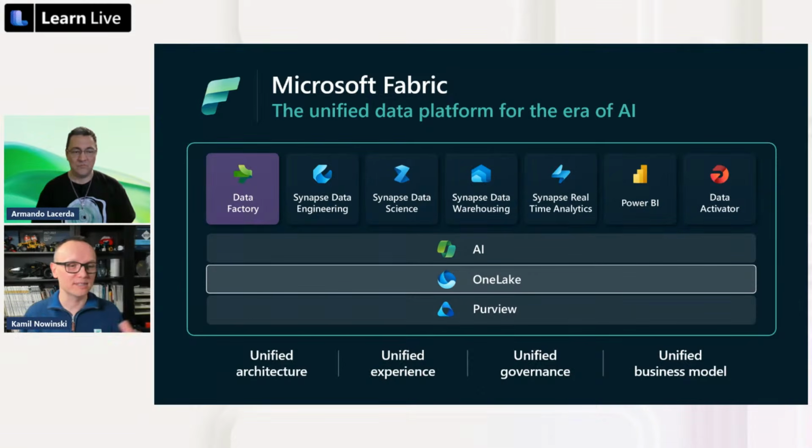There's Synapse Data Engineering, Synapse Data Science, Synapse Data Warehousing, Real-Time Analytics. You can build those real-time pipelines for ingesting, processing and transforming data. And of course, on the right-hand side of each data platform architecture, you have Power BI. Yeah, so reporting, the visualizations that the customers love. And also don't forget about Data Activator. But today we will be focusing on Data Factory.